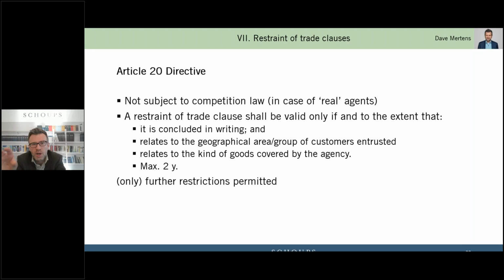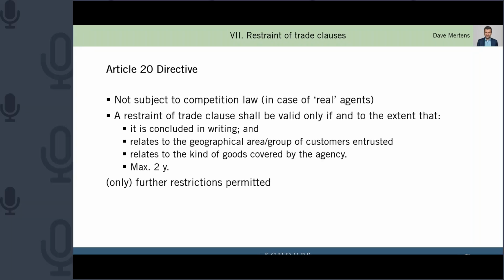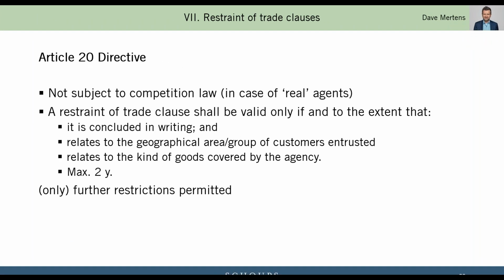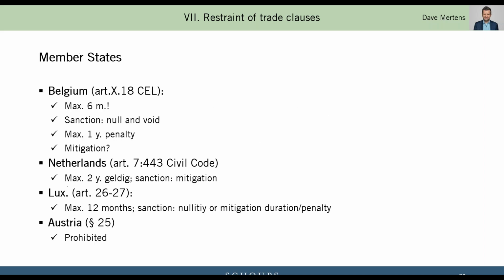And a maximum of 2 years, that's quite a long time, 2 years after the end of the agreement. Can you go further? This is mandatory. The member states are allowed to impose further restrictions, so not be more lenient, but are allowed to put further restrictions. And a lot of member states have done just that.